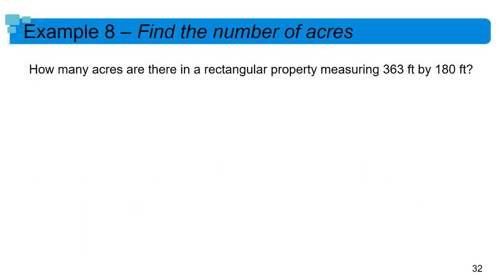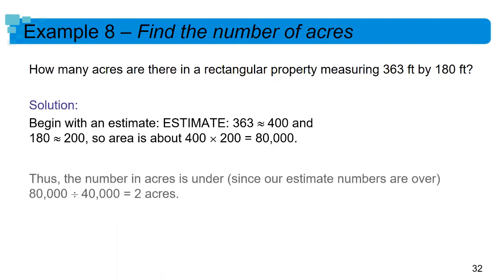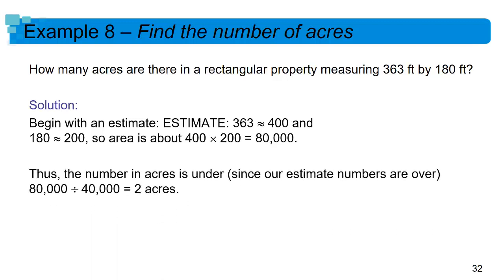So here's another example, trying to figure out how many acres are in a property that measures 363 feet by 180 feet. You could approximate it and say, well, that's kind of close to 400 by 200. But did you notice that we rounded both of these up a lot? 363, we rounded up to 400. 180, we rounded up to 200. So when we get 80,000, and then we figure that an acre is close to 40,000, that gives us 2.